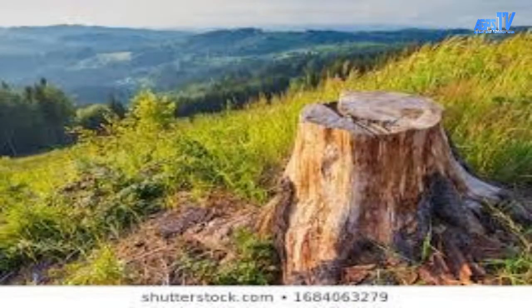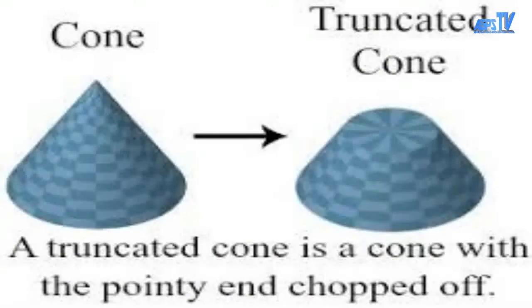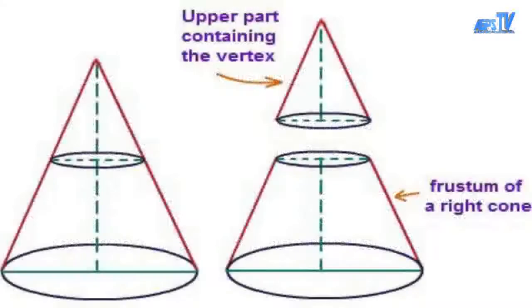This is also an object showing the frustum of a truncated tree. Good. This one is also the frustum of a cone or a truncated cone. All these are displaying the frustum of objects.